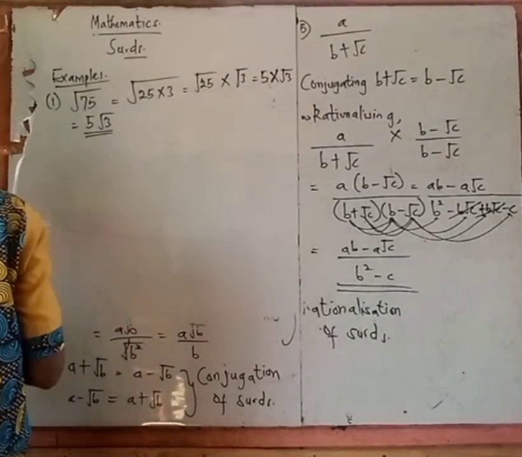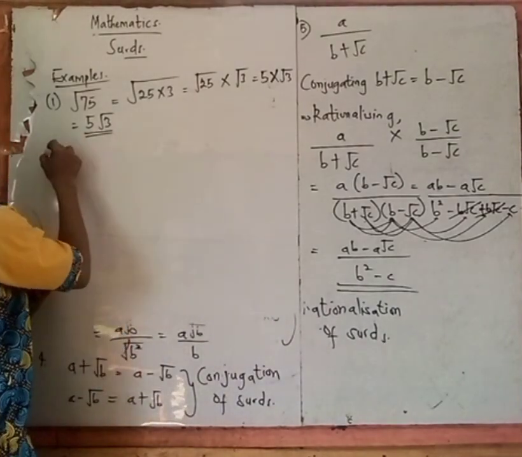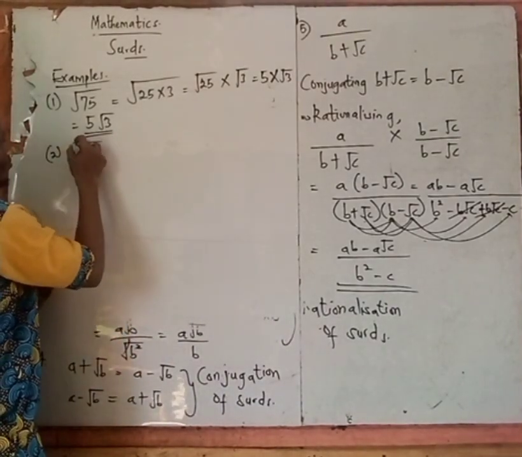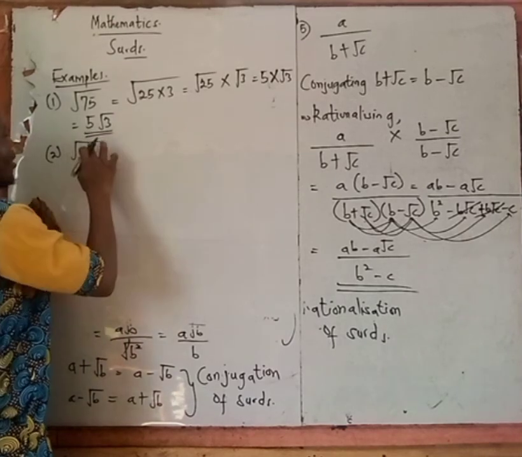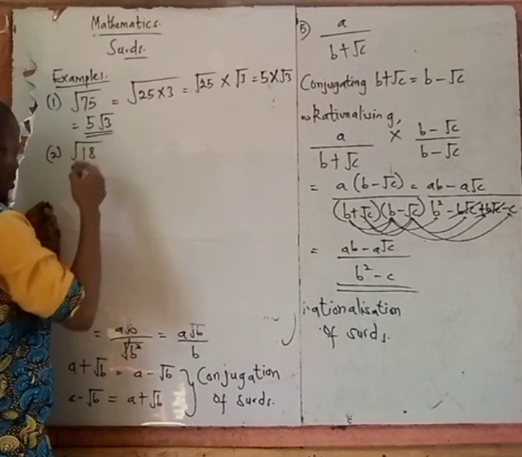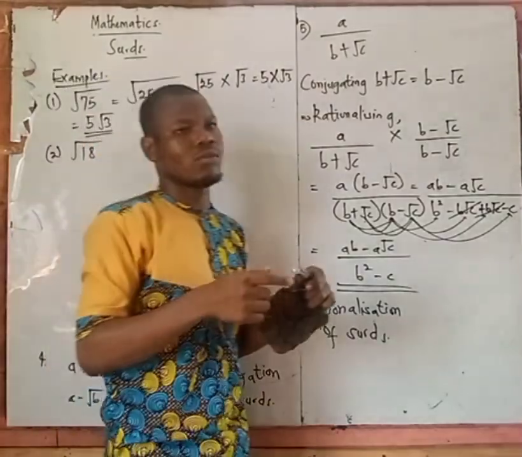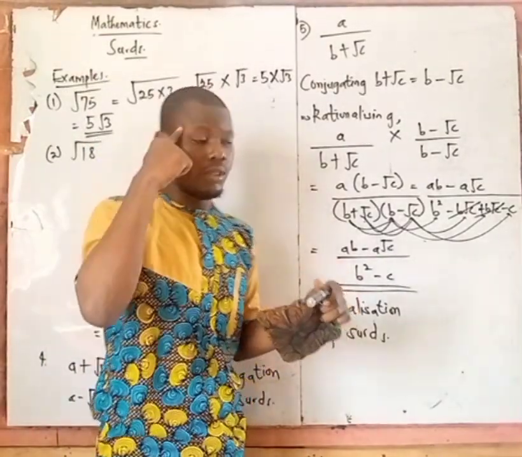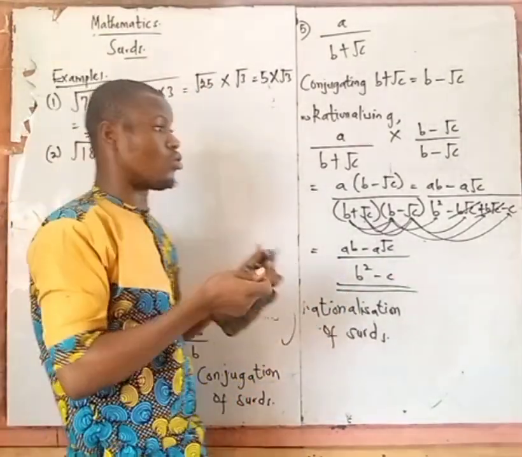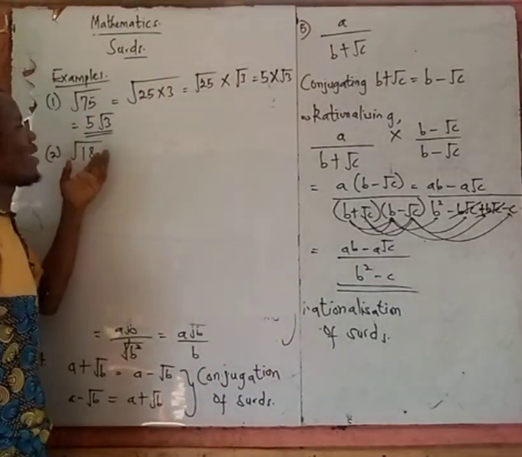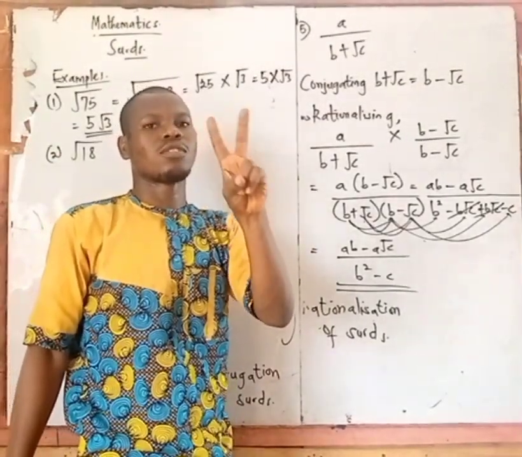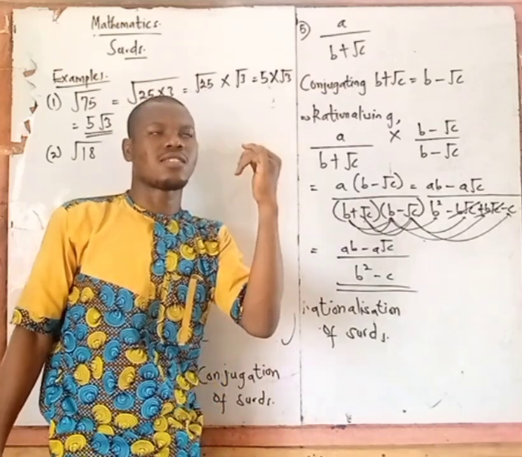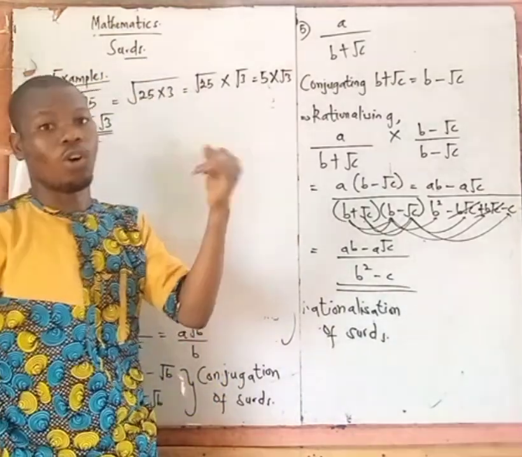So the next question is square root of 18. 18 is not a perfect square and does not have a perfect square root. So we will pick the parent numbers that multiply together to give us 18, which is 9 times 2 or 6 times 3.